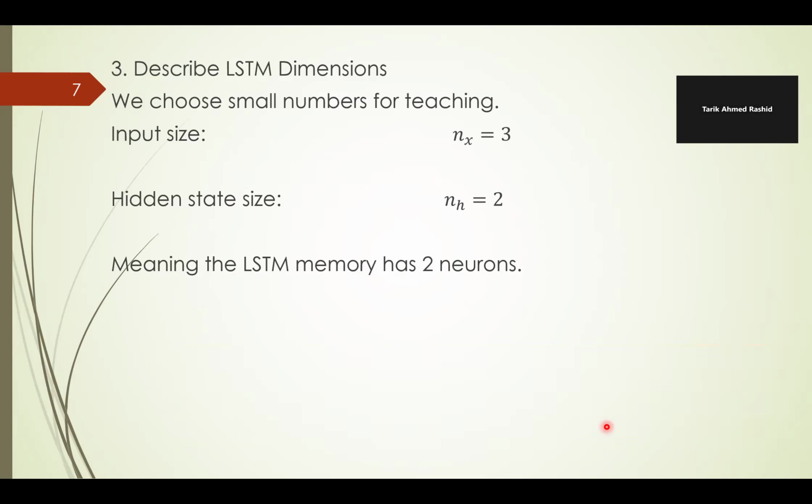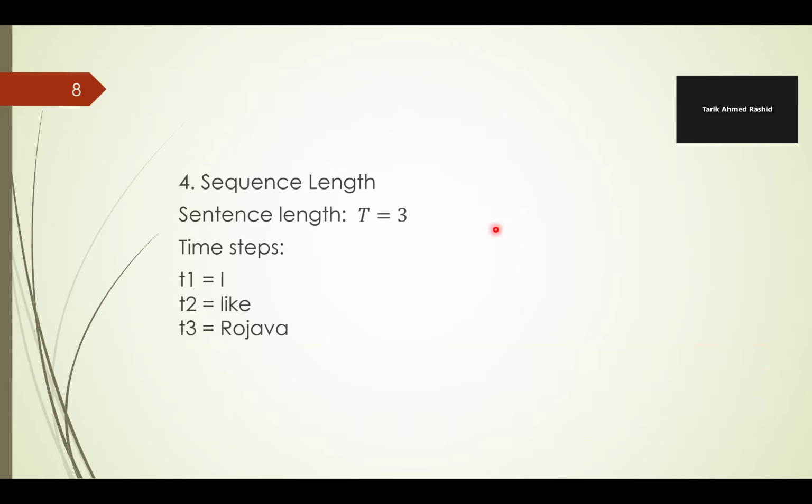Now, dimension: we have three inputs, I like Rojava, and we have two neurons for the hidden state. Now, sequence: we enter this input in a sequential manner, so I at time one, like at time two, Rojava at time three.